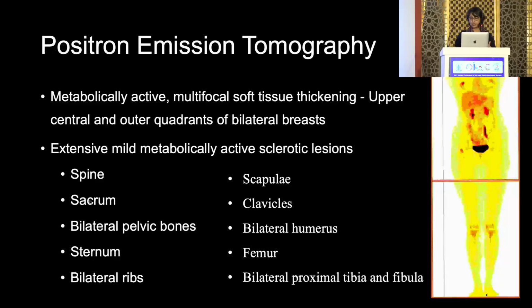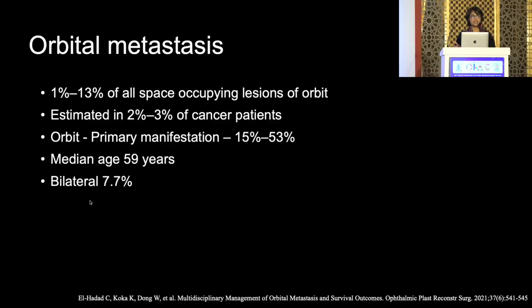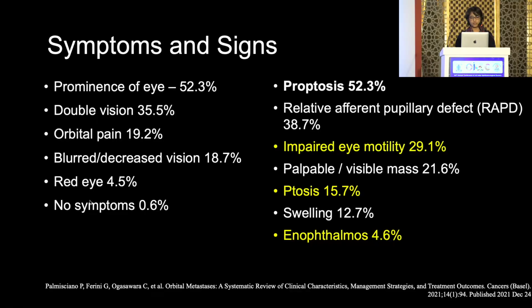Now, when we went back, we asked the patient the history, and she said that she had been noticing mass in both her breasts. Now, sometimes the patients don't give their history, but when the signs don't match the symptoms, we should have a lower threshold for biopsy. So orbit can be the primary manifestation in almost 15 to 53% of the cases of orbital metastasis.